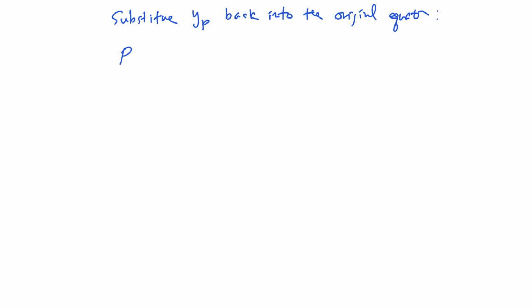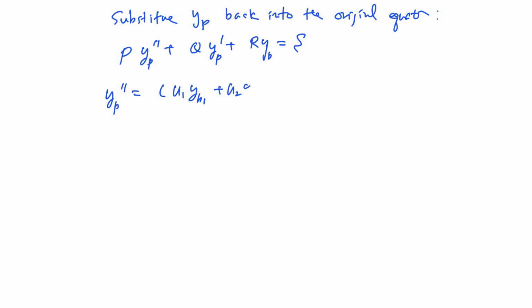We have P(x) yp double prime plus Q yp prime plus R yp is equal to S. Let's start with the single derivative of u1 yh1 plus u2 yh2. The derivative is u1 yh1 prime plus u2 yh2 prime plus u1 prime yh1 plus u2 prime yh2.